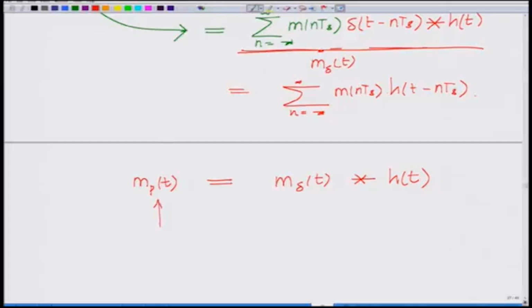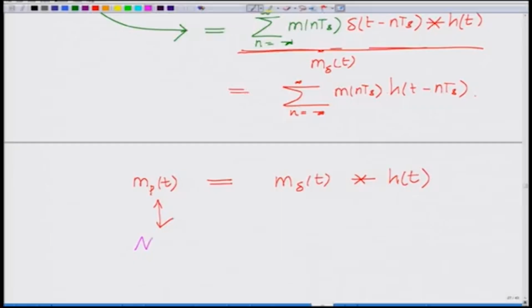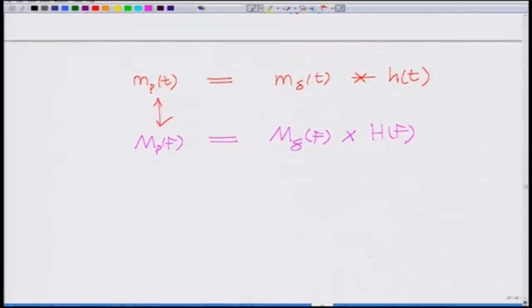If I take the Fourier transform, denoted by MP of f, convolution in the time domain becomes multiplication in the frequency domain. Therefore, MP of f would be the Fourier transform of the impulse sampled signal, M delta f, times H of f.